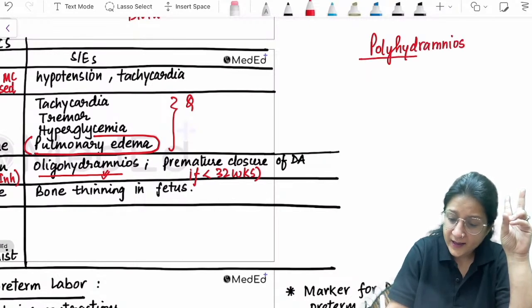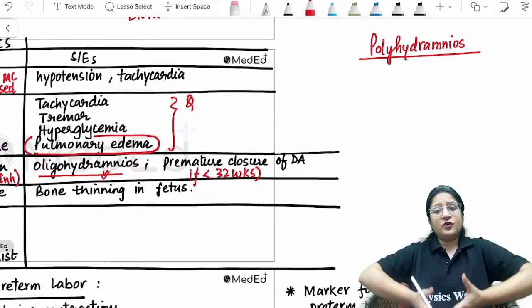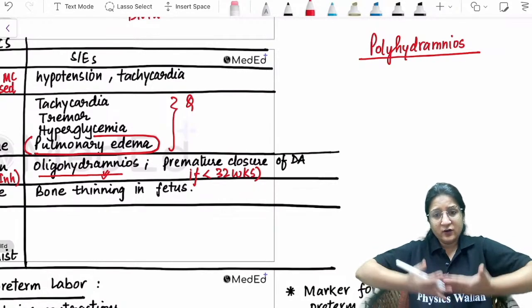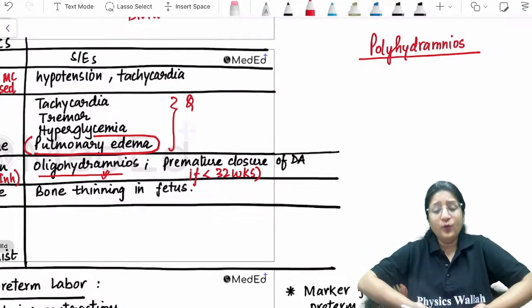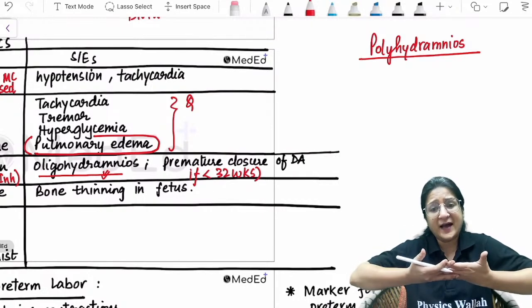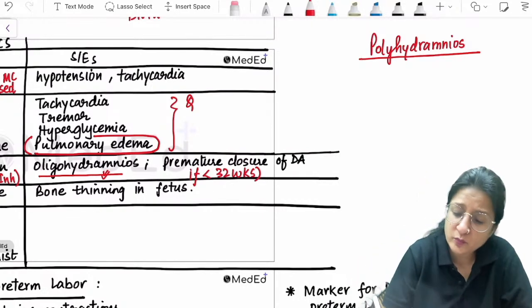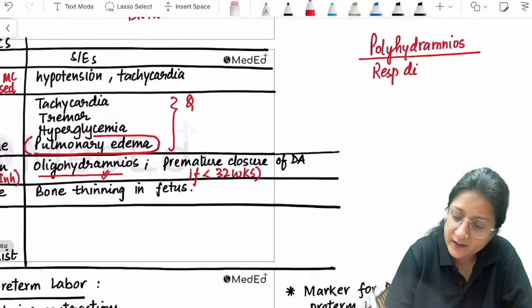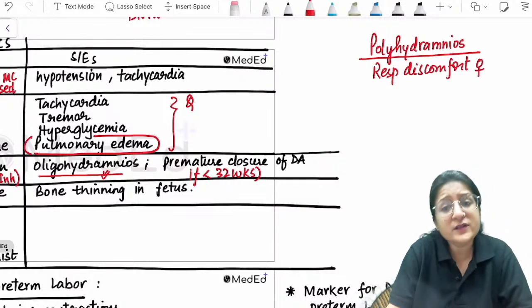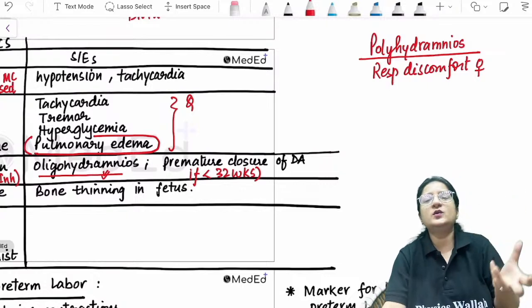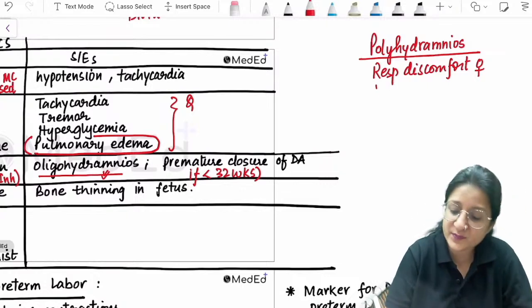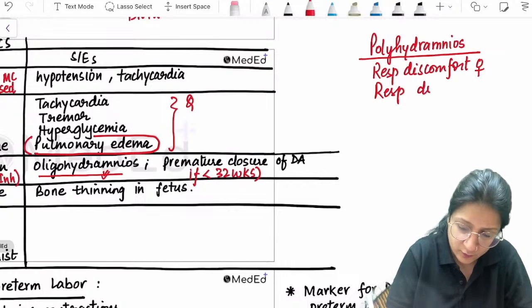Polyhydramnios will cause over distension of the woman's uterus, causing more compression upwards on the diaphragm of the mother, leading to more respiratory discomfort to the woman, so much so that sometimes she may even have respiratory distress.